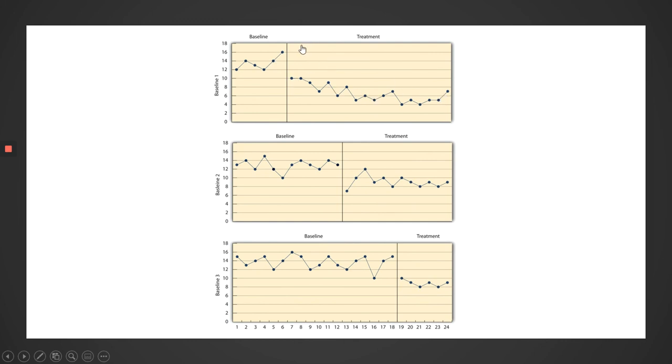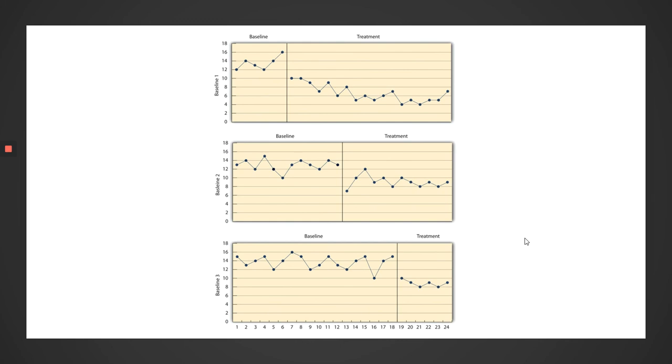Well, it's unlikely that some event happened and drove people's behavior down in this period of time, and also an event happened here that drove down the behavior, and an event happened here that drove down the behavior. So the possibility of history having an impact on this is very unlikely because there'd have to be 3 different events happening exactly at these times to change the behavior, and that's not very likely.